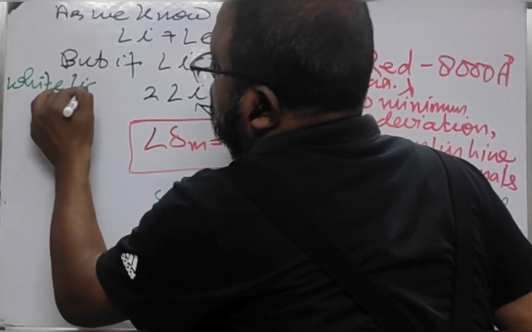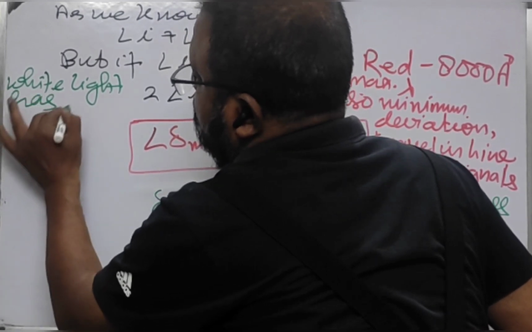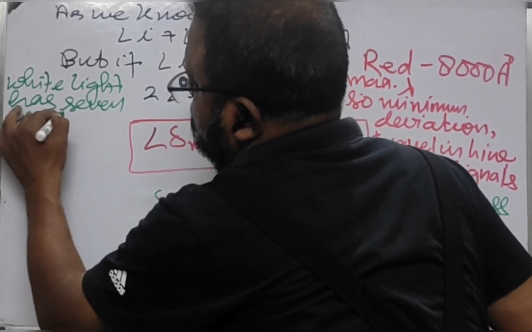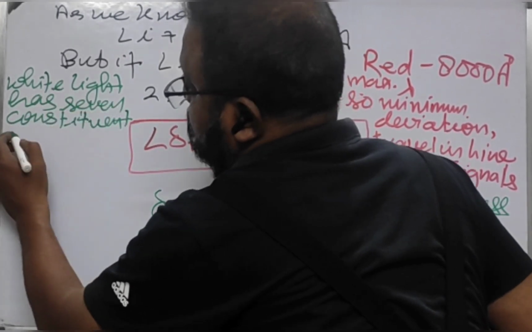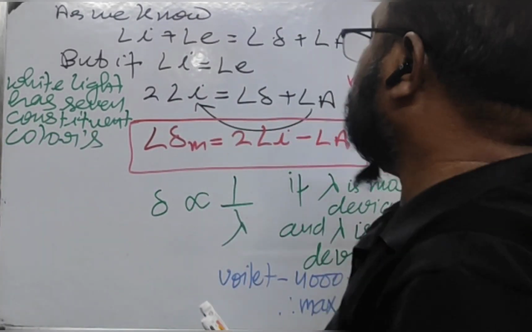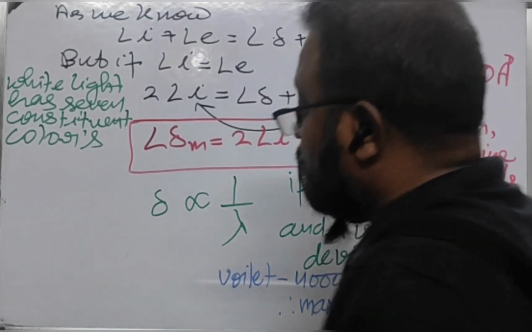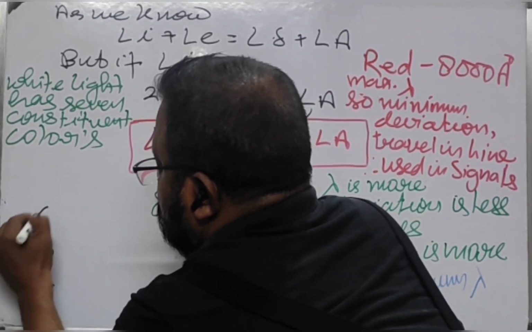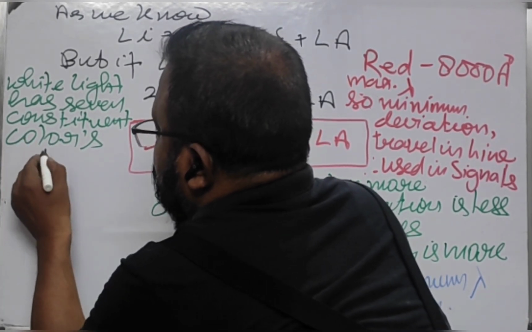White light has 7 constituent colors, that we call Vibgyor.